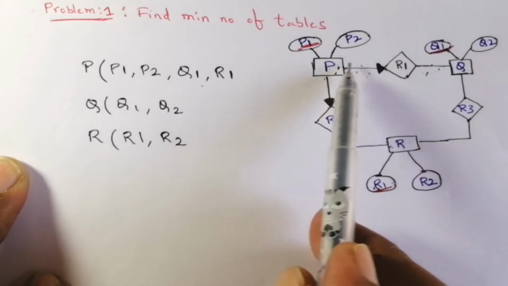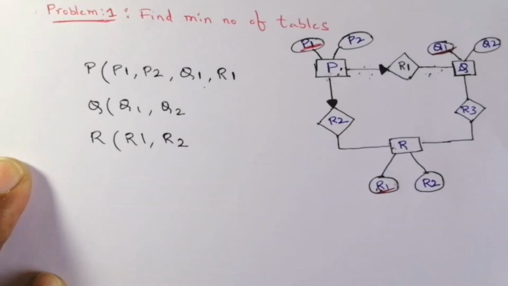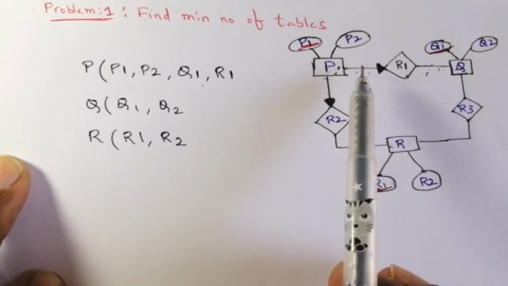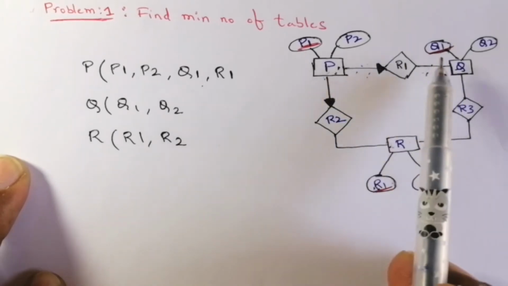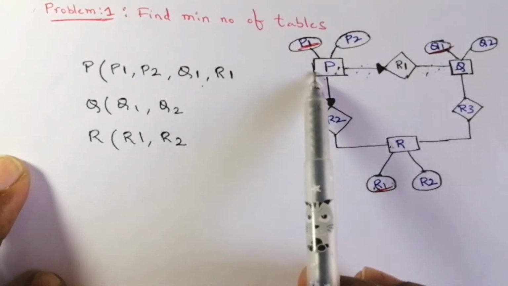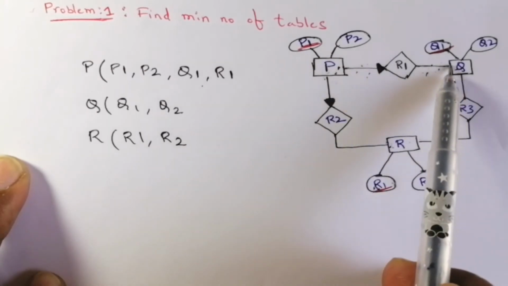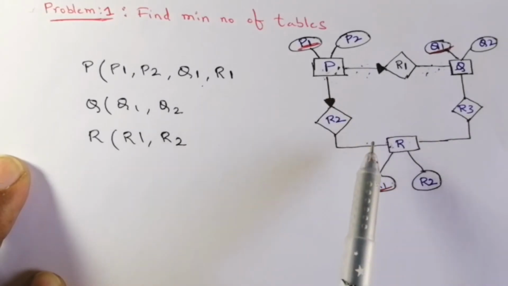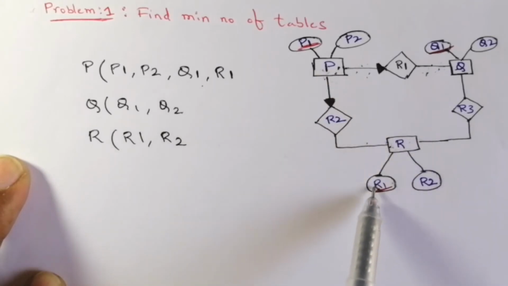So P we have taken with Q and also P with R. So what type of relationship? It is many to one. If it is many to one, then the many side will absorb completely. So the many side is P, and P has absorbed the primary key of Q, right? And this is also many to one, so the P side is many, so it has absorbed R's primary key.